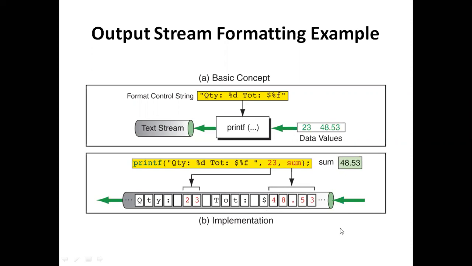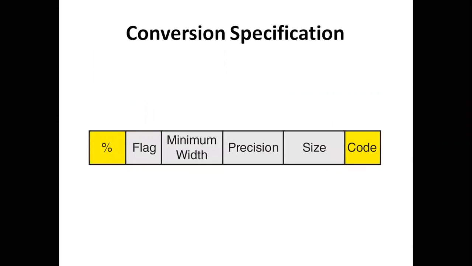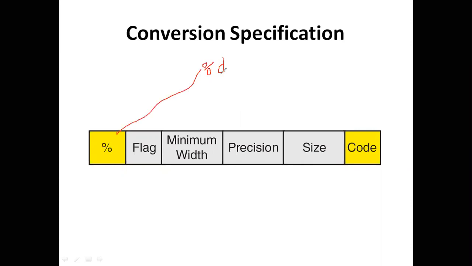And what are the things involved in the conversion specifiers? Generally, in most cases we write in this format, percentage d. Here percentage is indicated by this one, and d is the code.